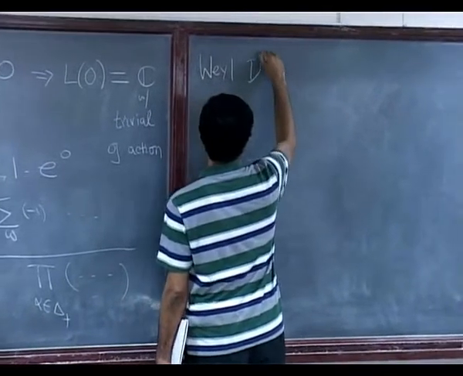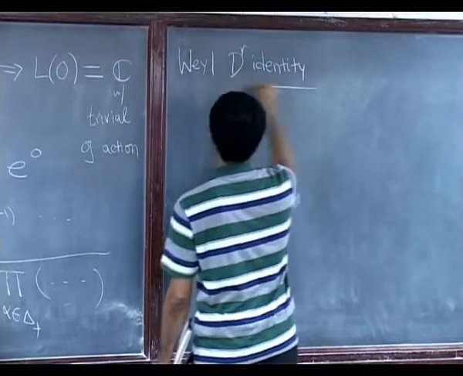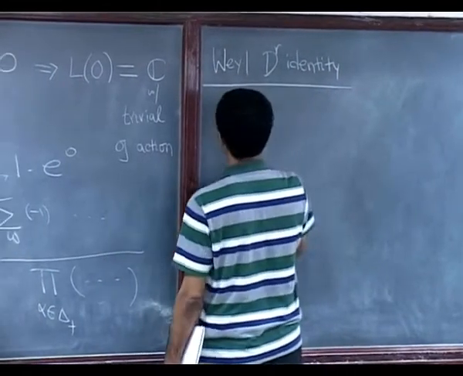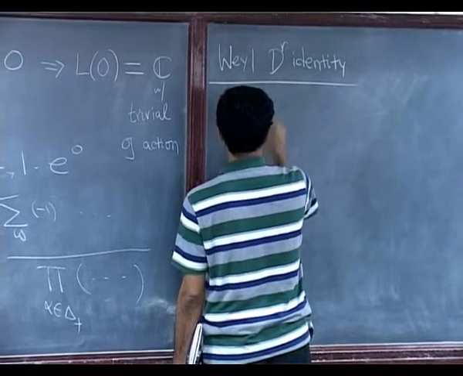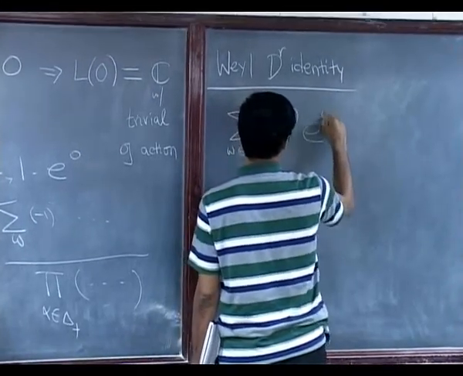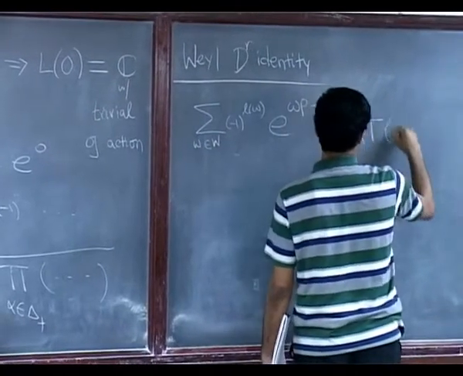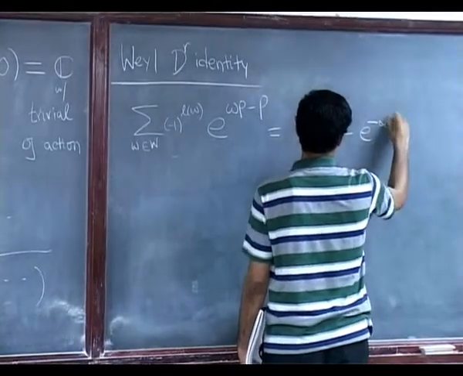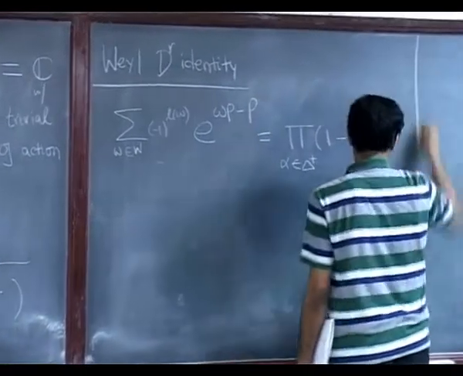Here's the Weyl denominator identity for a finite dimensional Lie algebra. It says the sum over the Weyl group of minus 1 to the length of w times e to the w rho minus rho must equal the product of 1 minus e to the minus alpha.